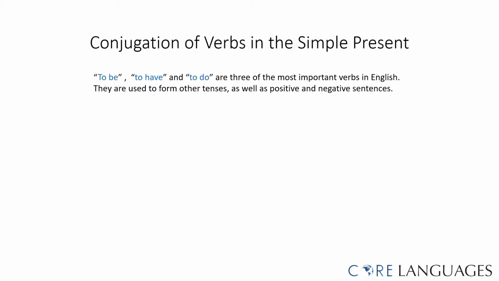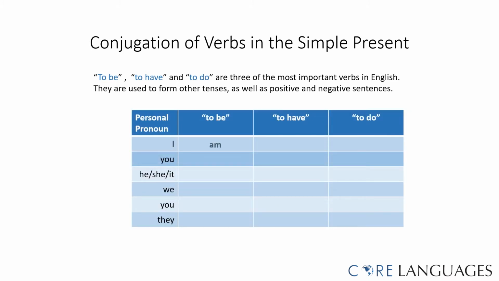The verbs to be, to have, and to do are three of the most important verbs in English. They are used to form other tenses as well as positive and negative sentences. Let's review their conjugation. Feel free to repeat after me. I am, you are, he, she, it is.